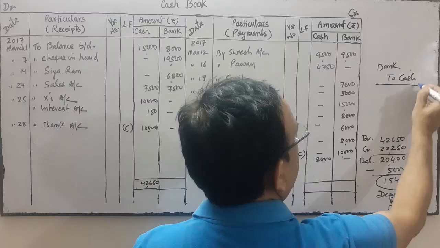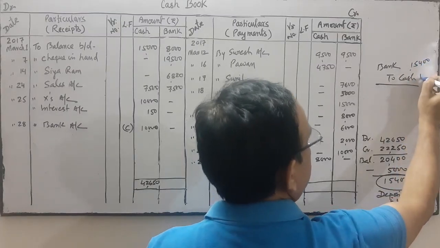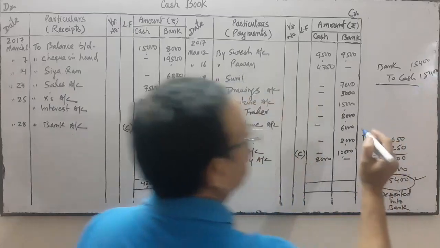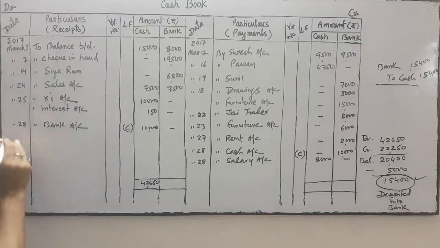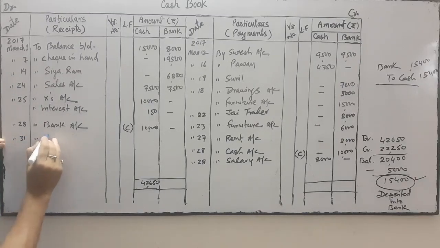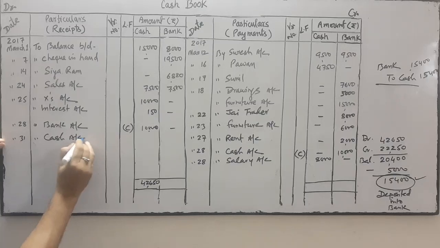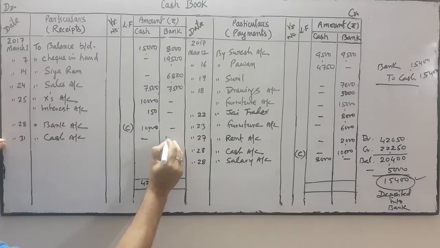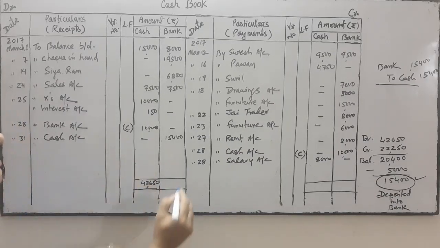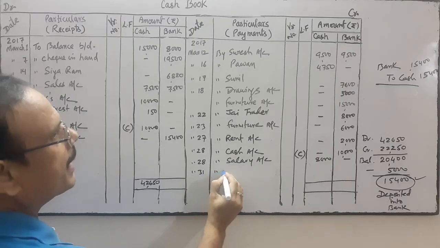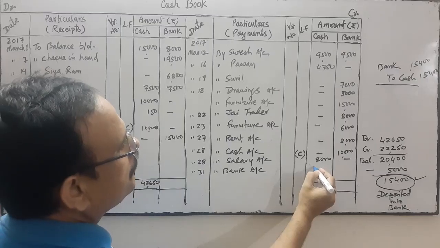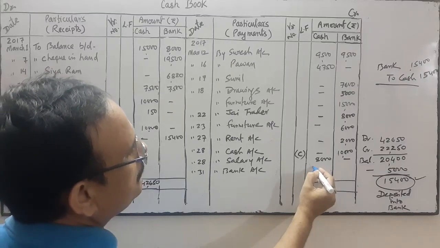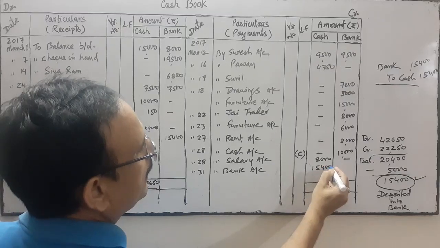Again a contra entry, 15,400. On the debit side on 31st, to cash account in the bank column 15,400. And on this side, on 31st, by bank account in the cash column, 15,400.